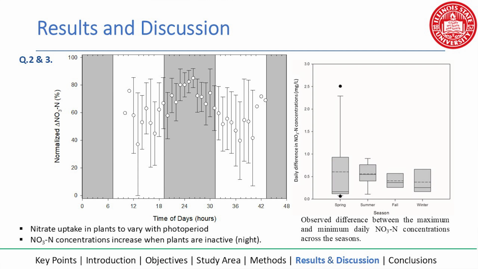And at the end of the year, the area where the plants were growing had a lower concentration of nitrate in the soil system than the area that didn't have the plants. And part of that was the plants weren't there to pull items out, but what was left of the plants were decaying and contributing back. So we're pretty confident we see a plant uptake signature.